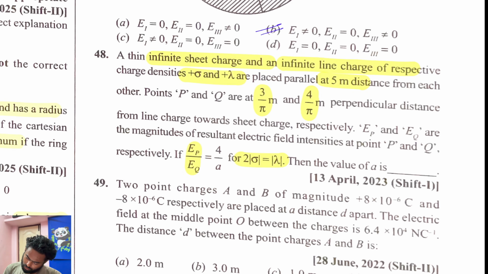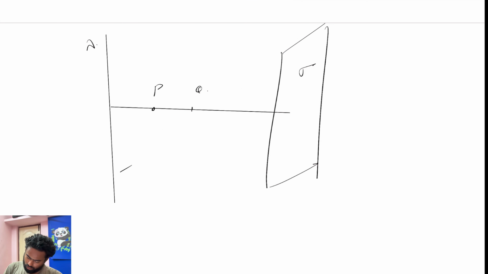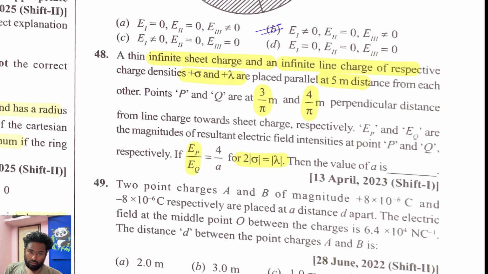We have an infinite wire and then an infinite sheet with charge density sigma. Points P and Q are at 3 by pi and 4 by pi from the wire, with 5 meter total distance between them.